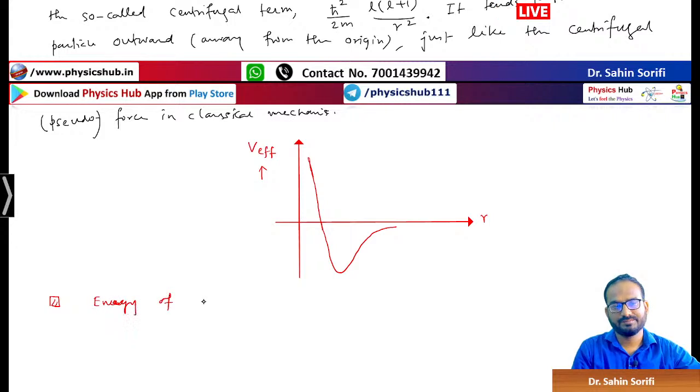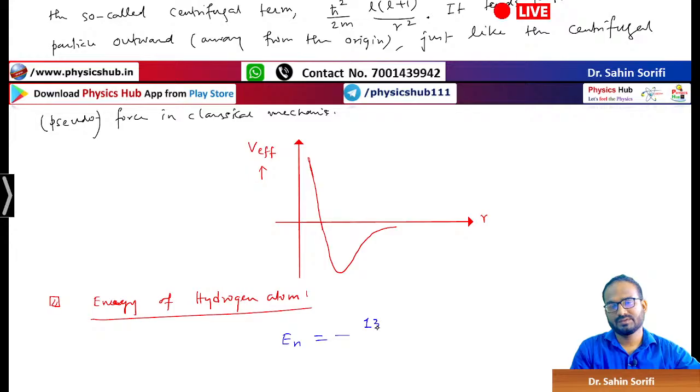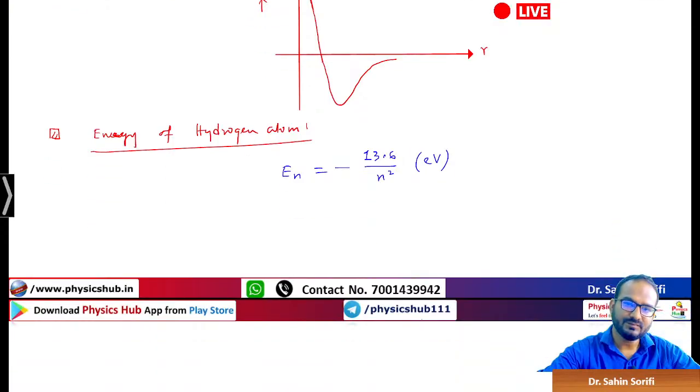Energy of hydrogen atom is given simply by this formula: En equals minus 13.6 by n square electron volt. So ground state is minus 13.6 electron volt.